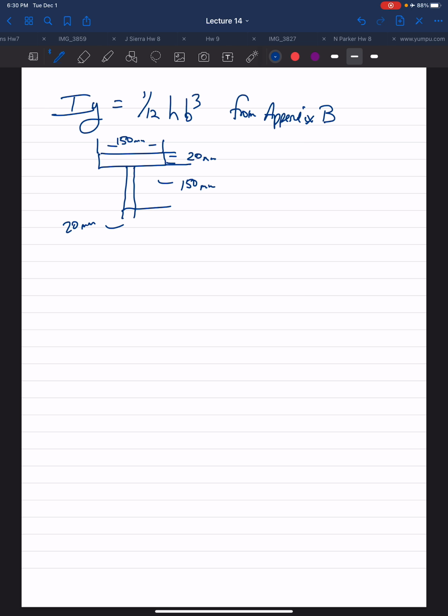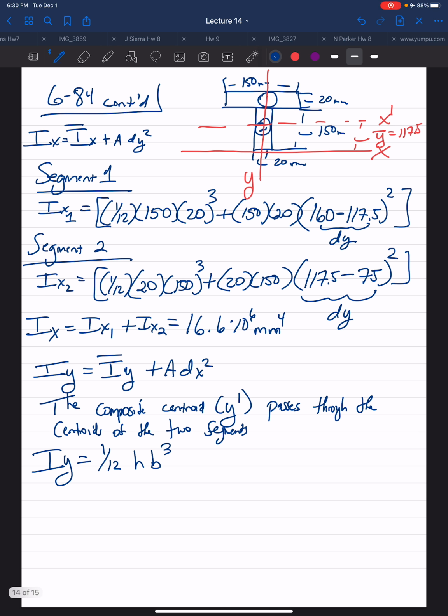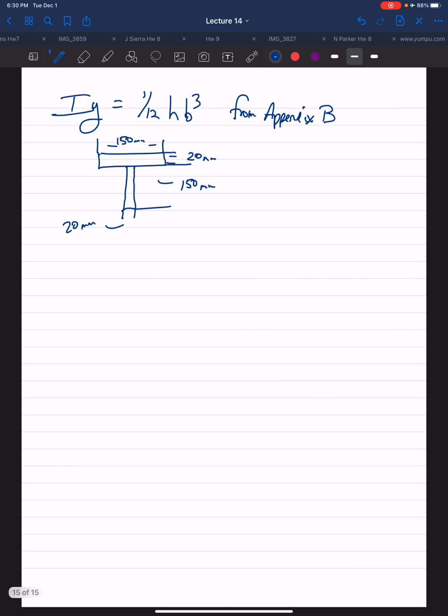So last part is asking for I sub y. We said, hey, the centroid of the y prime axis passes through the centroid of each segment. Therefore, for this case, there is no dx. Or better yet, dx equals 0.